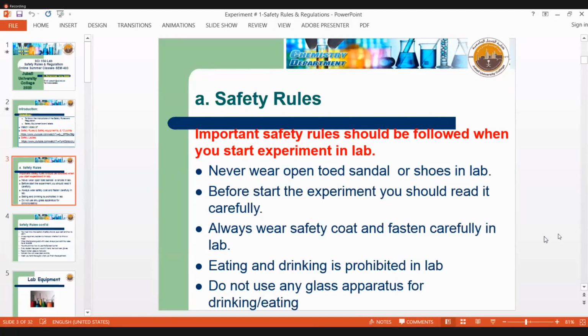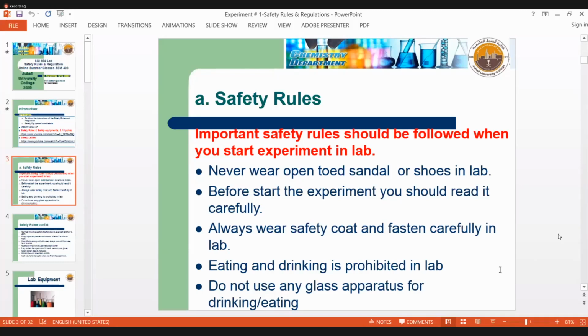Now first of all, here are some safety rules. Number 1, never wear open-toed sandals or shoes in the lab. Number 2, before you start the experiment, you should read it carefully. Number 3, always wear a safety coat and fasten it carefully in the lab. Eating and drinking is prohibited in the lab.